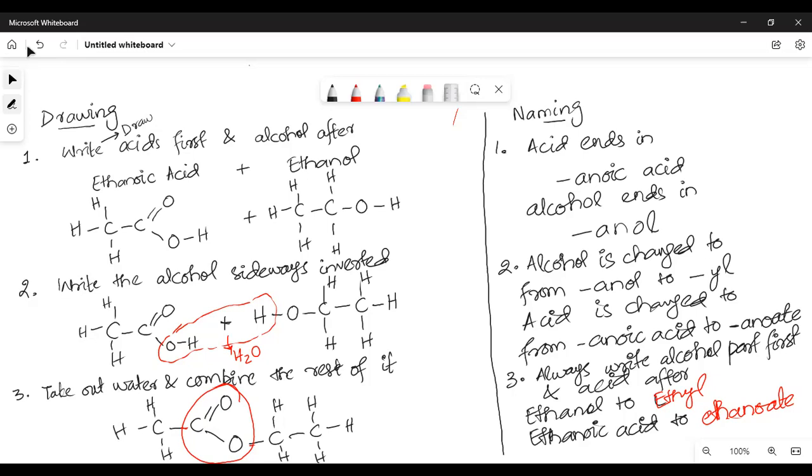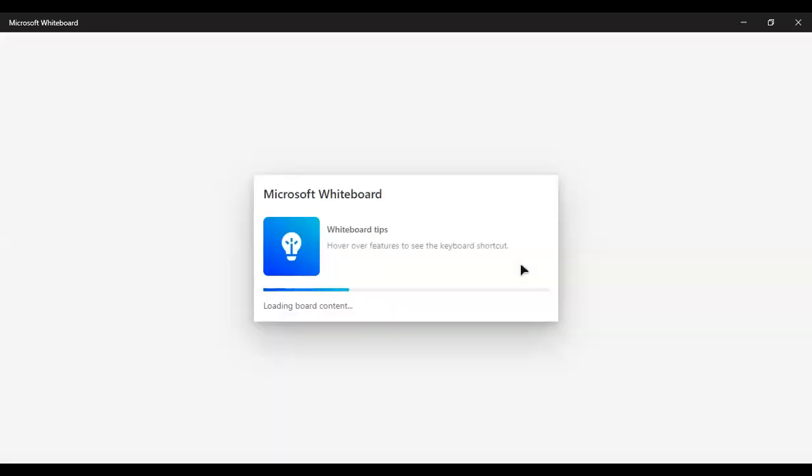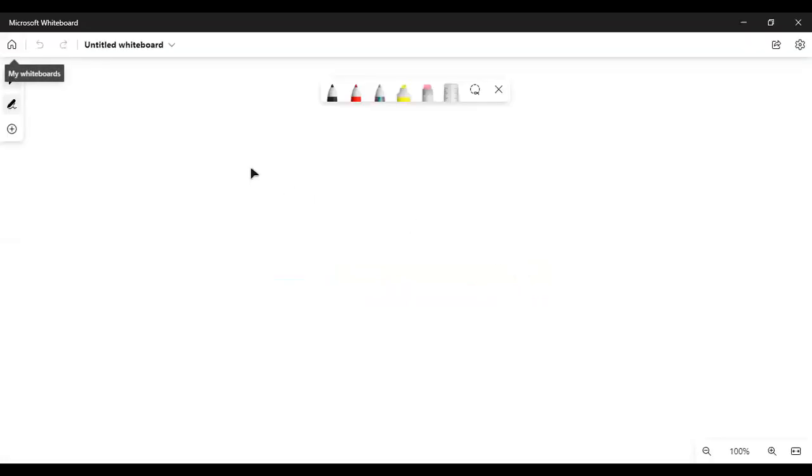So I'm going to add another page to the whole thing. And that way we can practice it. So it's always up to you whether you'd like to practice it on a piece of paper and then send the image to me on WhatsApp, or you'd like to simply annotate on my screen. It's entirely up to you. Right? So I'm gonna quickly add a new whiteboard for the practice. So I'm gonna name that Esters practice. That's it.